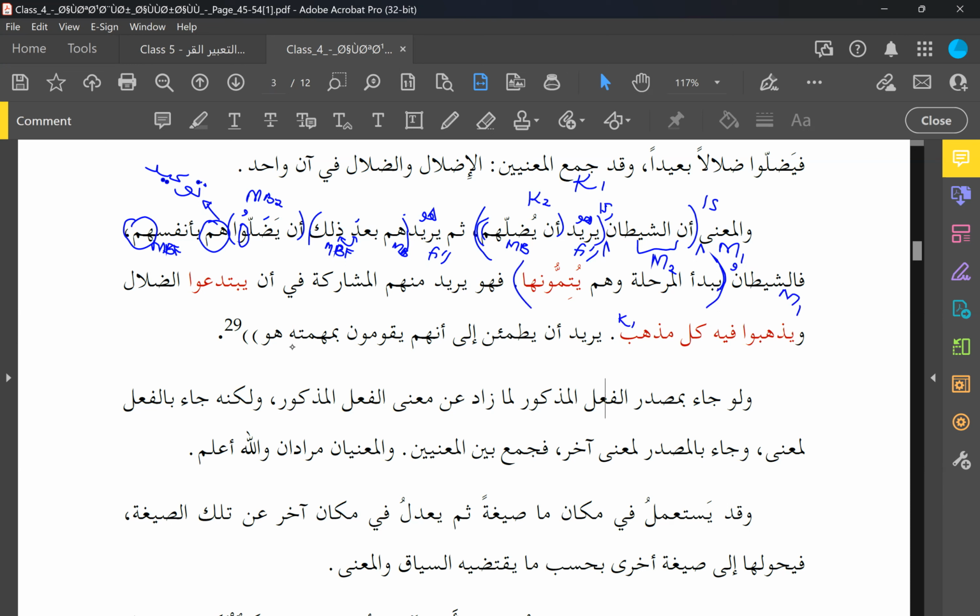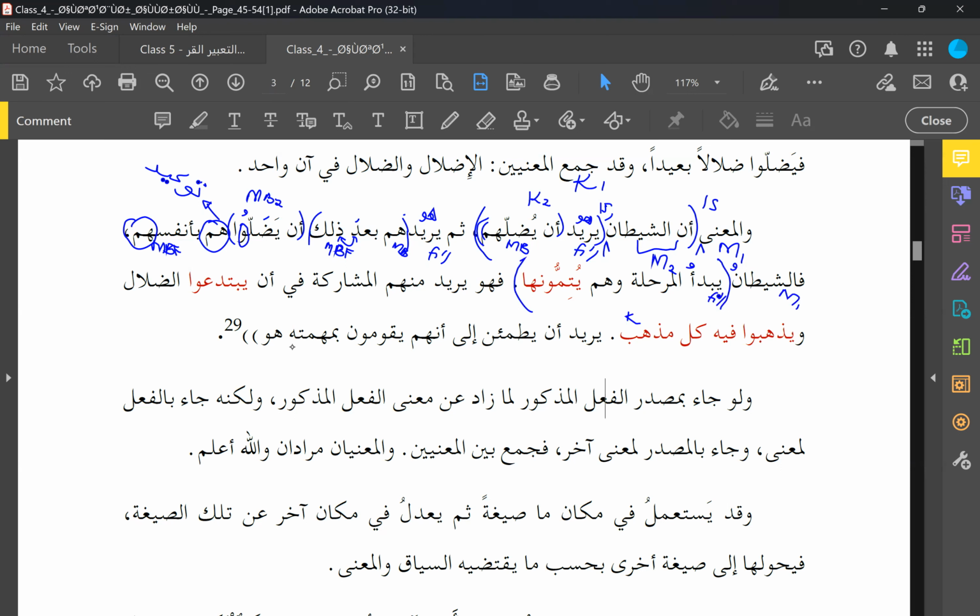And then inside that khabar, what do we have? We have يبدأ. Fa'il. Yes. So that's a jumla fi'liya. يبدأ جملة فعلية. So this is going to be my fi'l. And now here's the thing.